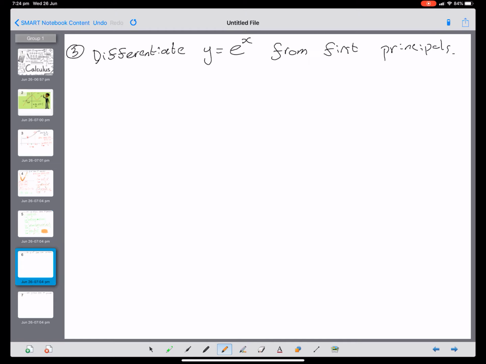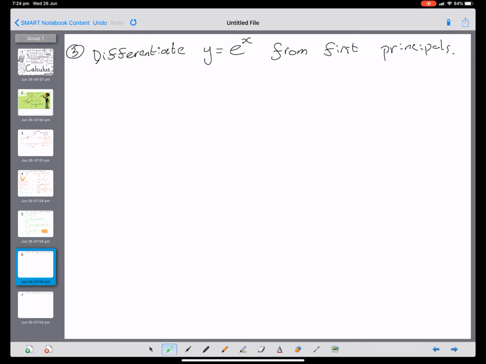Okay, so we're going to try some more difficult questions here, and we're going to use some results of limits which you may not have done before. Okay, so let's have a look at the derivative of y equals e to the x from first principles.